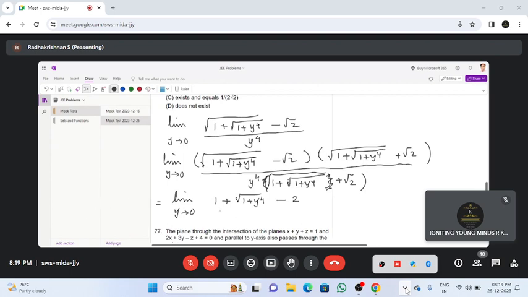But what is in the denominator now? So this becomes square root of 1 plus y power 4 minus 1, divided by this expression.